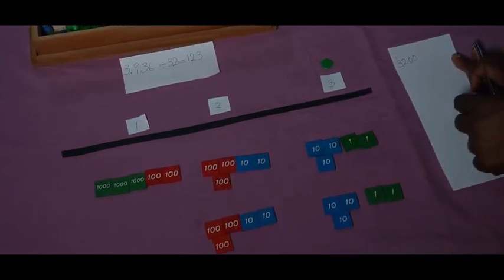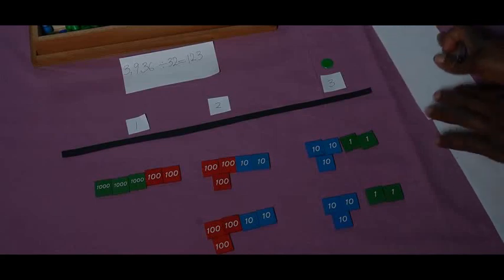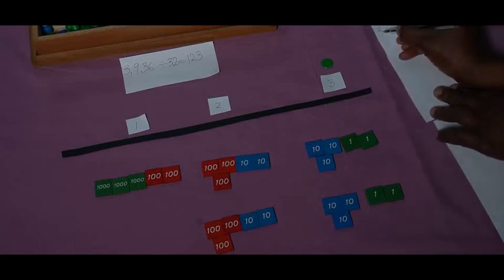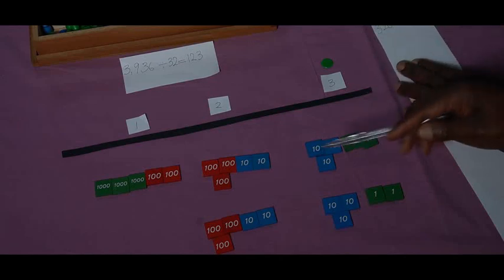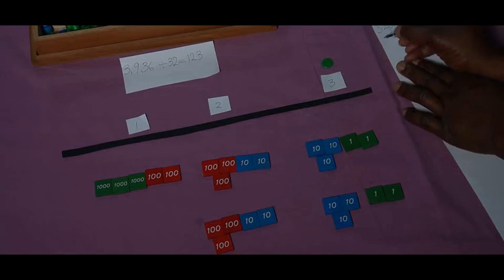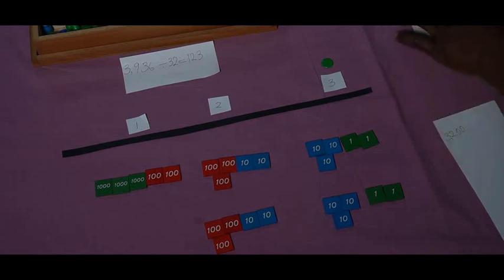We have 2 groups of that. 32 tens means there's just 1 zero. So 32 tens is the same thing as 320. We have 2 groups, so I multiply that by 2. 0 times 2, 0, 2 times 2, 4, 3 times 2, 6, that's 640.